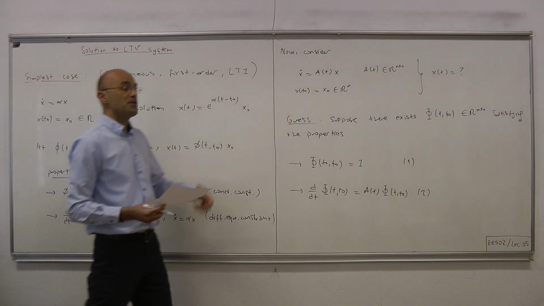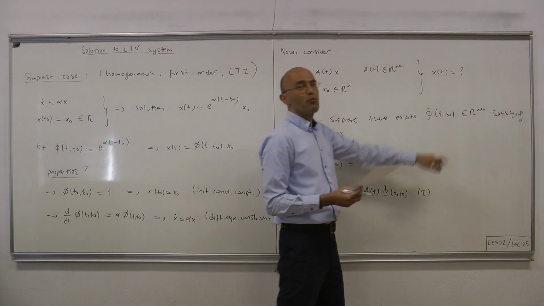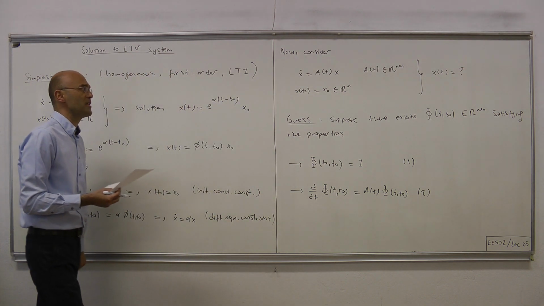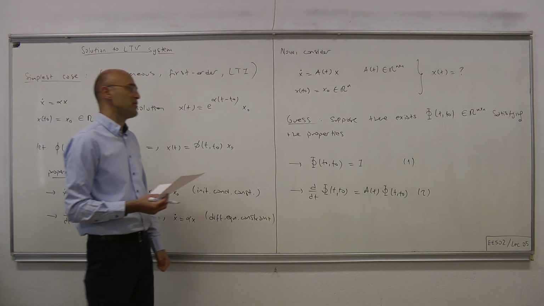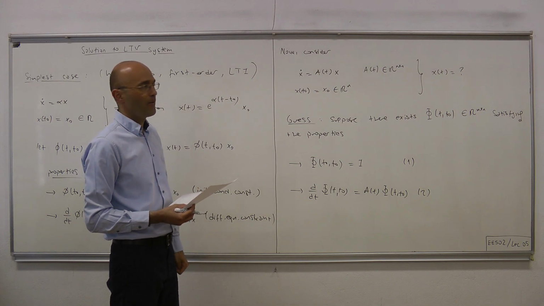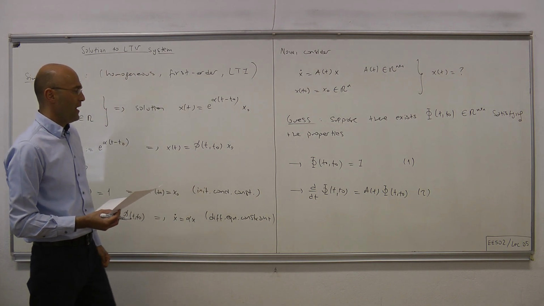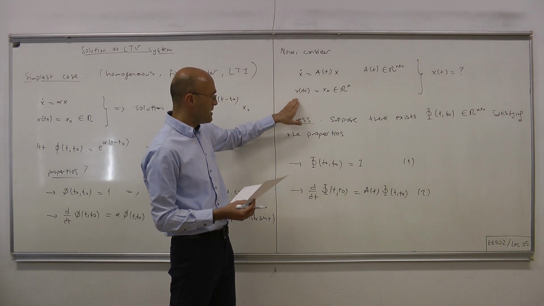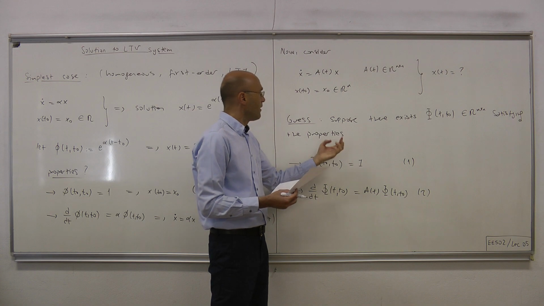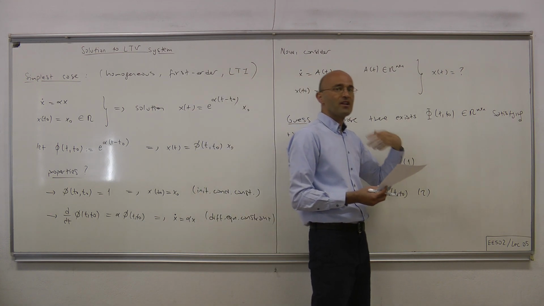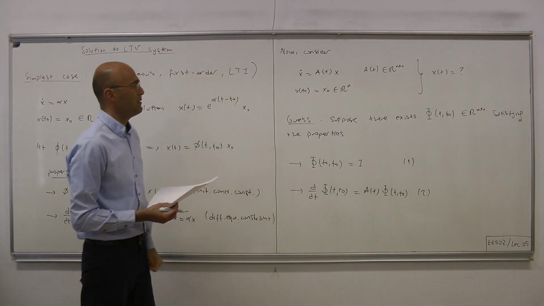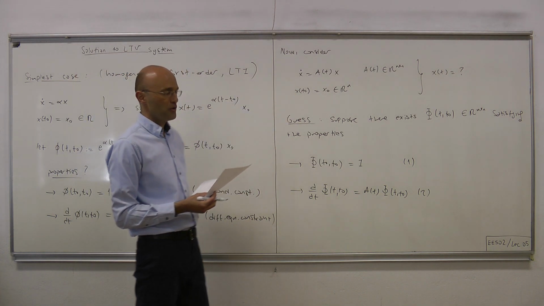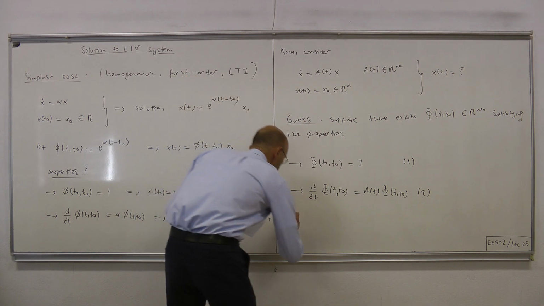Okay. Now, if somehow such an object exists for a given differential equation, x dot equals A(t) times x, it's almost immediate that the solution constructed as x of t equals phi(t, t0) times the initial condition vector immediately satisfies both the differential equation constraint and the initial condition constraint.